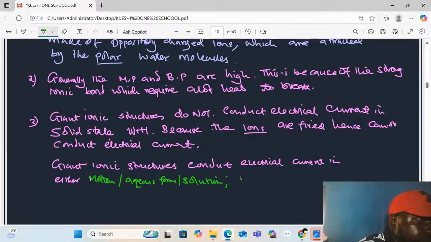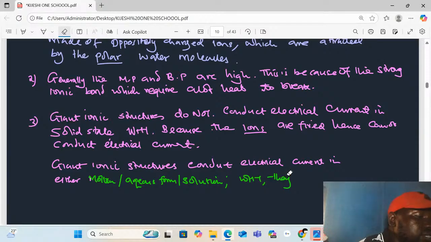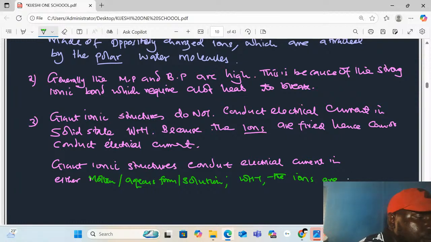Why? The ions are mobile. Ions are mobile and conduct current.